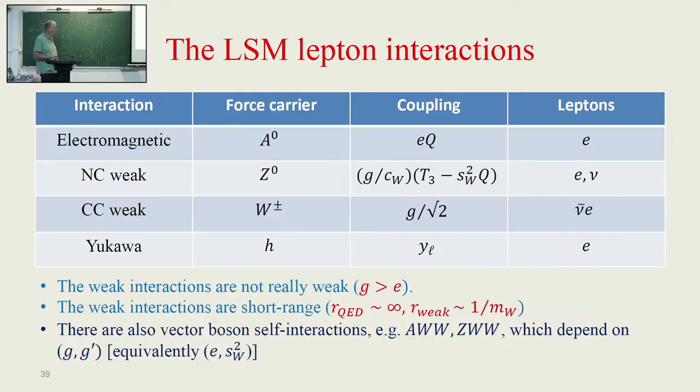Equivalently, we can change variables from g and g prime to e and sine squared theta, but this huge richness of interactions is all described by just two parameters, so the first three of these. And the Yukawa has three additional Yukawa couplings, or equivalently the masses of the charged leptons. So this is about the interactions.